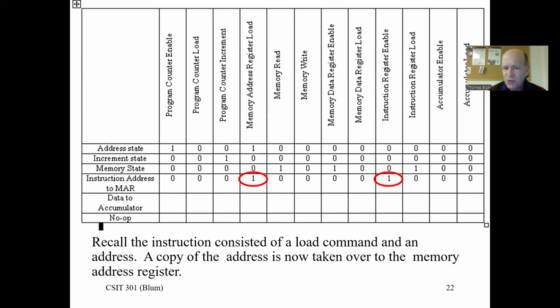Now we are ready to execute. We're doing a load. And so we imagined in our simple architecture that some of what got into the instruction register was an address. And so we want that address off of that instruction register.